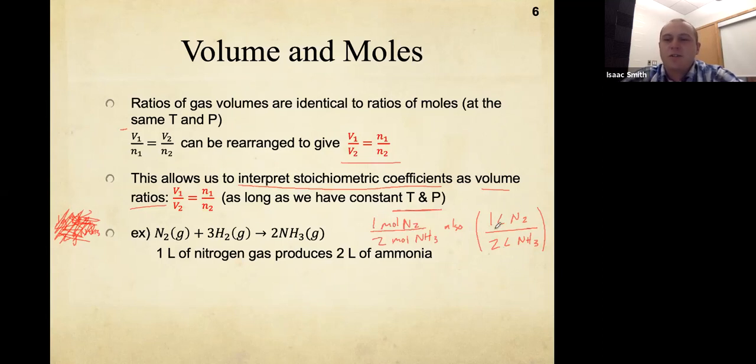Because this is only true when Avogadro's law is applicable, and Avogadro's law is only applicable when temperature and pressure are constant. And it's also only true when these are gases, right? You couldn't say it if it was water and something else in the liquid phase. It wouldn't apply, only in the gas phase.